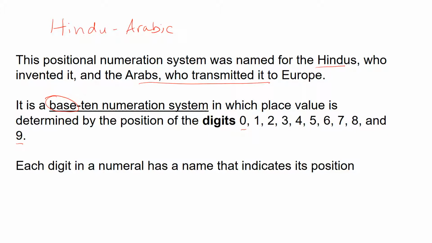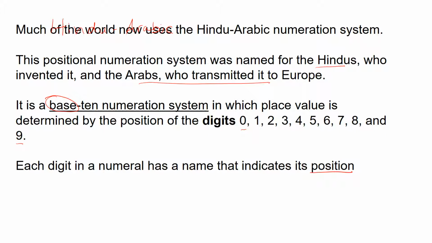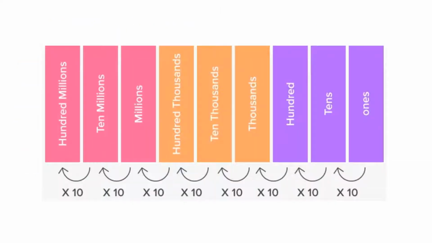Because it's a positional numeration system, where the number is, its position tells you the name of it and the value it has in that position. So these are some of the place names in our base system, starting with when we have a whole number, and you all are familiar with decimal numbers, so a decimal would go right here at the end of a whole number.